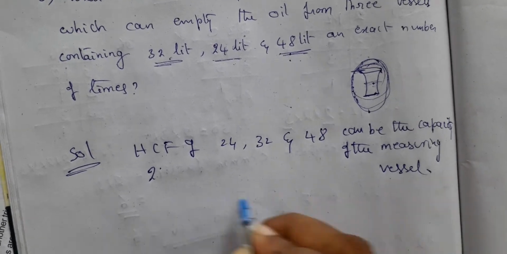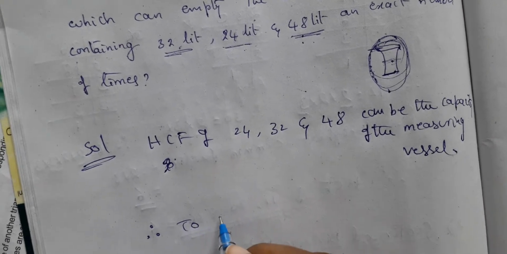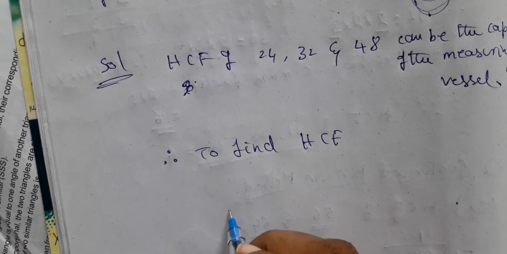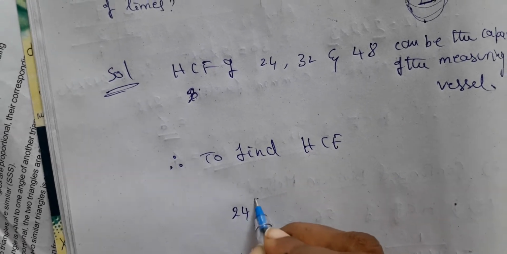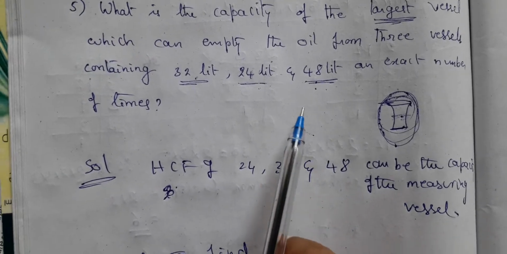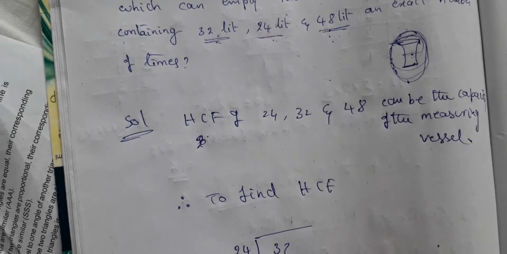Therefore, you are going to find out the HCF. Now we are finding the HCF. Take the smallest one. The next one is 32. The numbers are 24, 32 and 48. So now take 32 here.